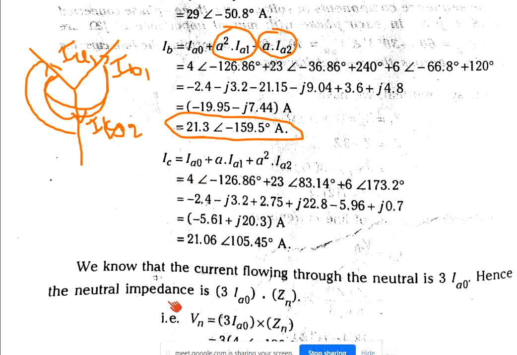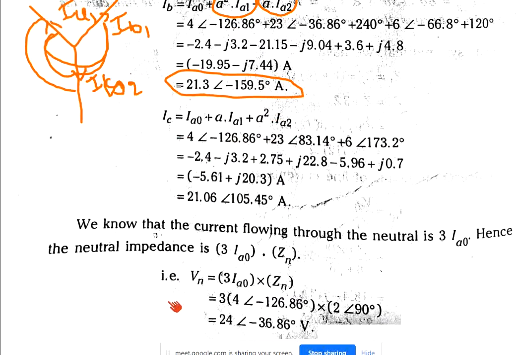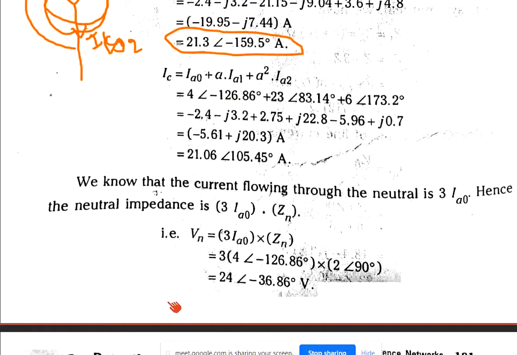Next we need to find the voltage drop across the neutral. What is the voltage drop across the neutral? V equals I into Z. Is it right? Yes, sir.